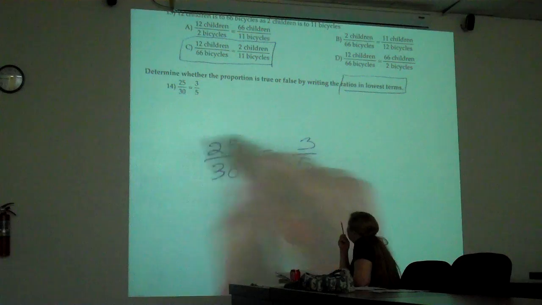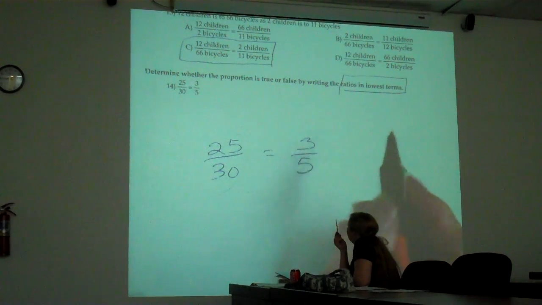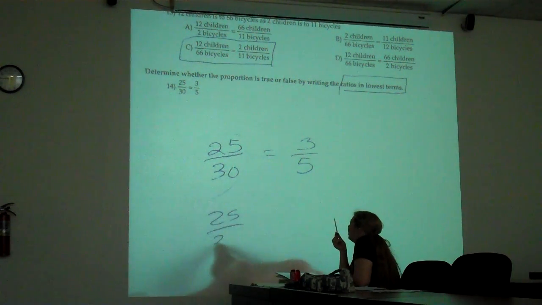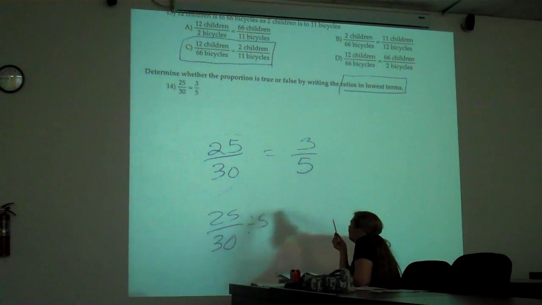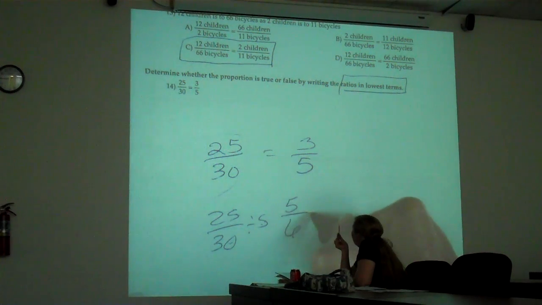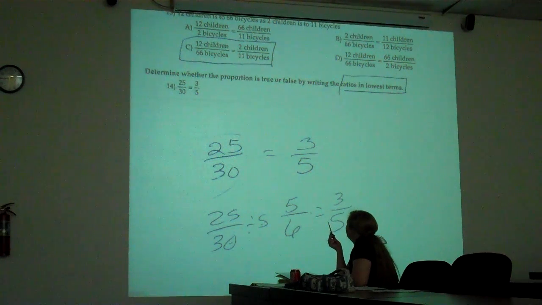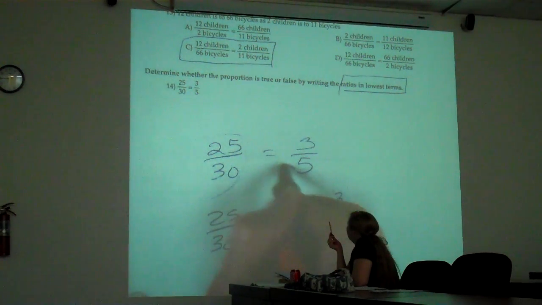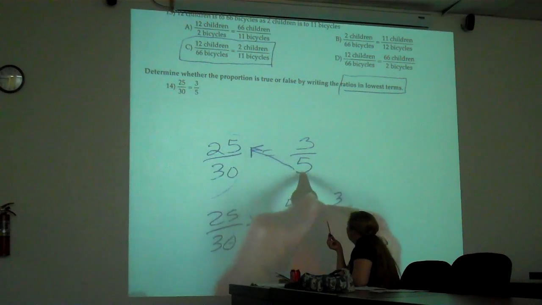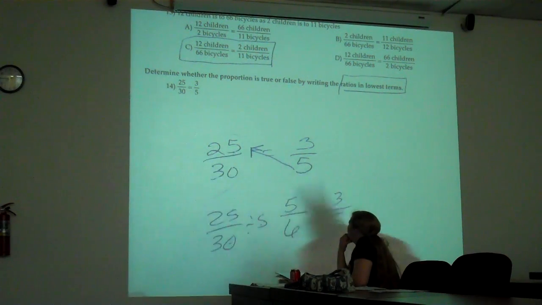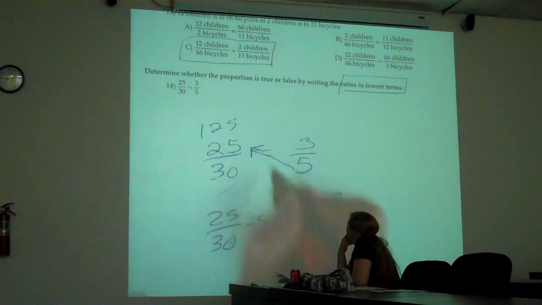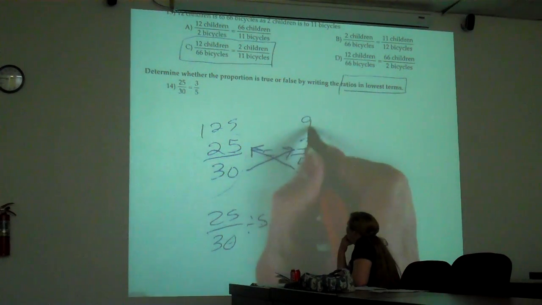You can reduce this down by dividing by 5. 5 into 25 is 5. 5 into 60 is 6. 5/6 is not the same as 3/5. But that's by doing it in lowest terms. What I showed you before works all the time. 5 times 25, 125. 30 times 3, 90.